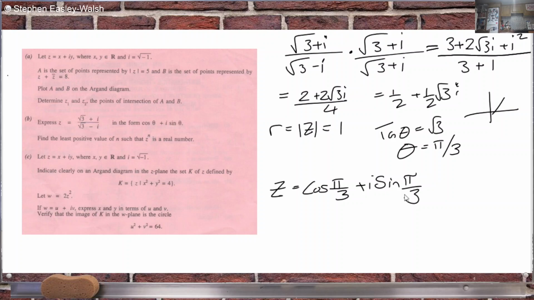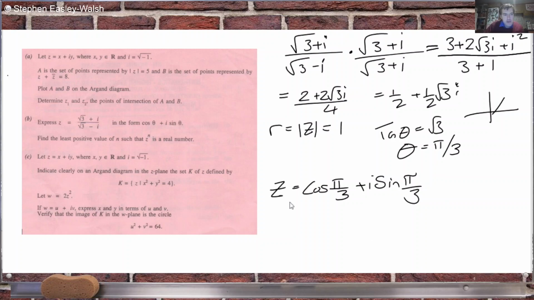Let's double check this answer. And then cos pi over 3. Yeah, it's all looking okay.